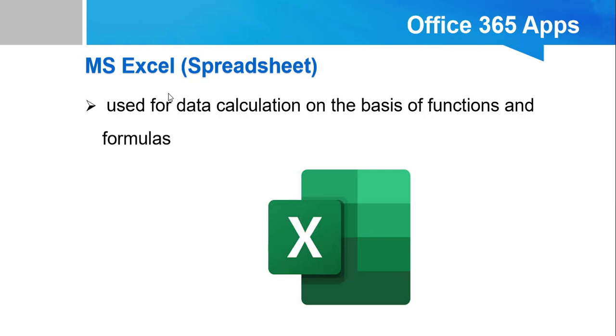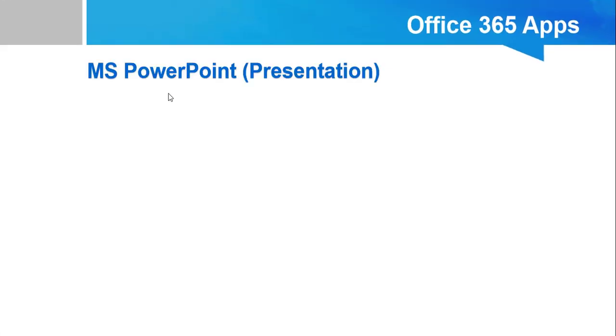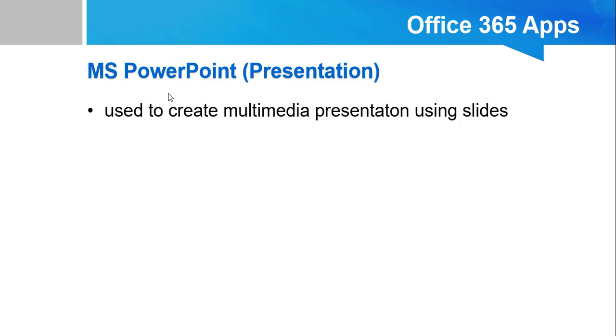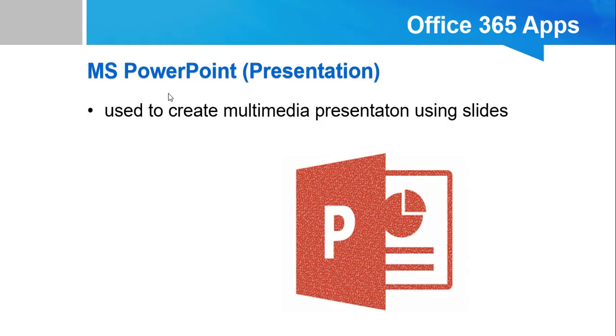We calculate data in MS Excel on the basis of Excel functions and formulas. After that, MS PowerPoint is presentation software that is used to create multimedia presentations using slides.